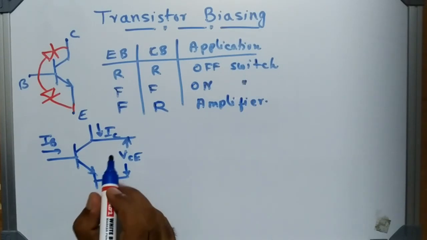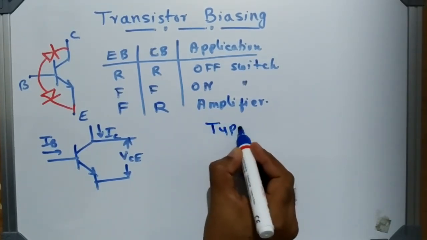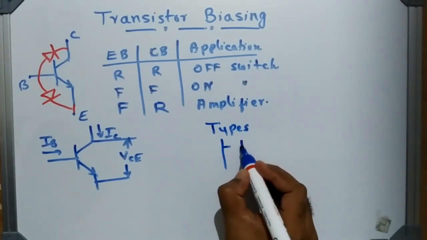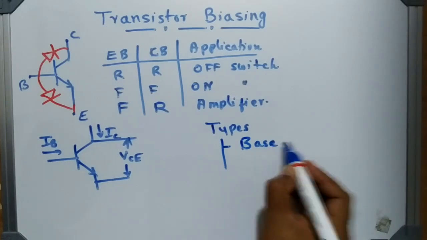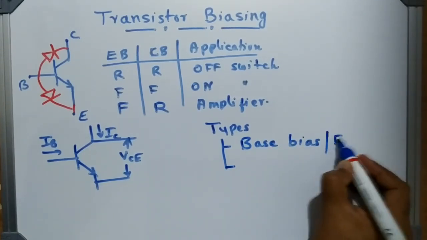Now there are different types of biasing. One is called base bias. This is also called fixed bias.